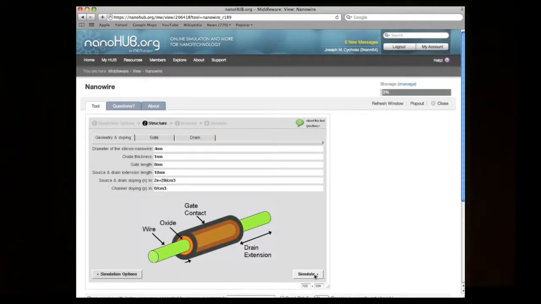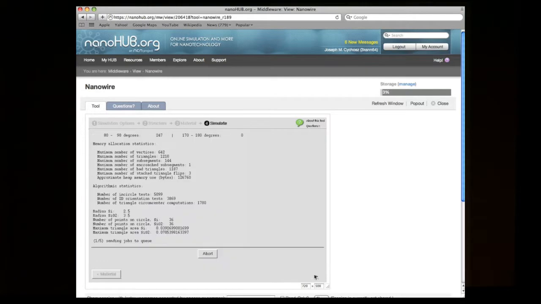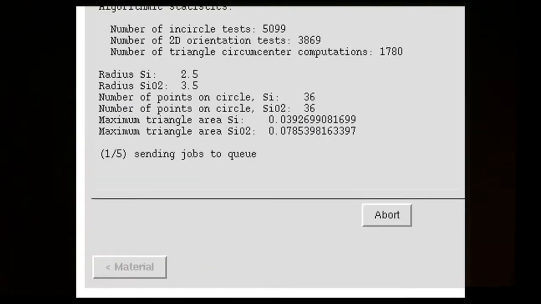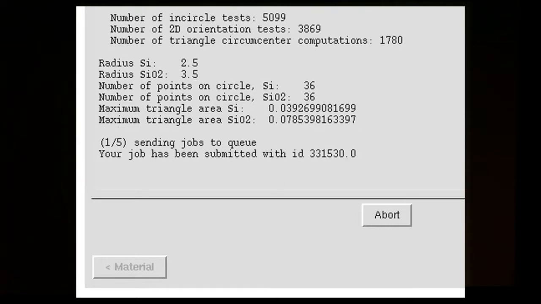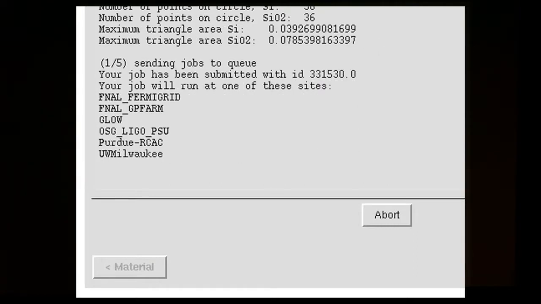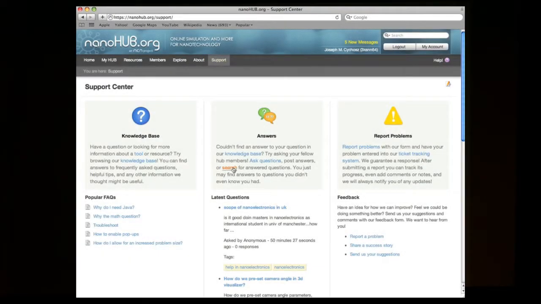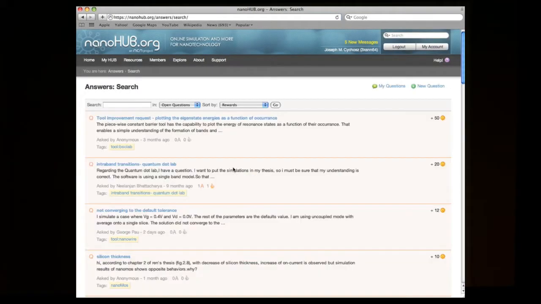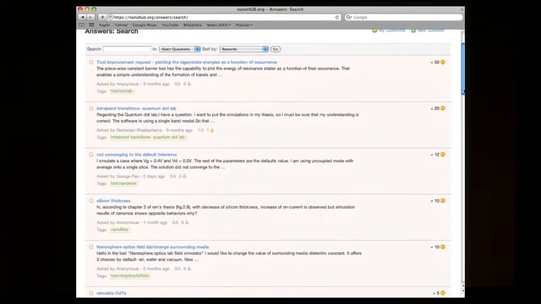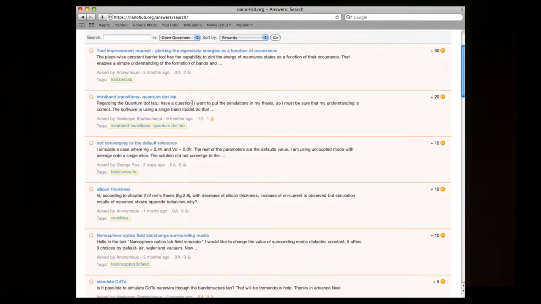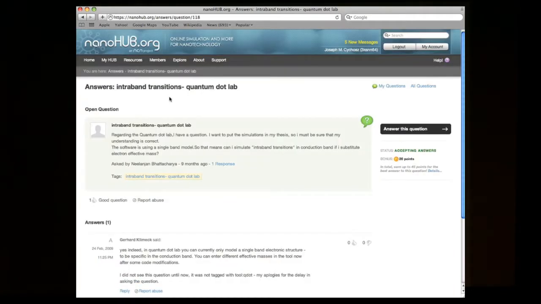Tools that are not just Java applets, but real research codes that are connected to national grid resources. If you have questions about the results or the underlying models, imagine being able to ask experts throughout the world. We actually have a virtual economy where you can earn nanos and spend nanos on nanoHUB.